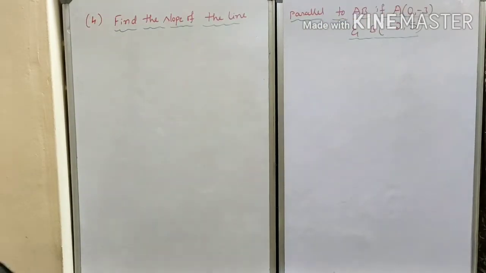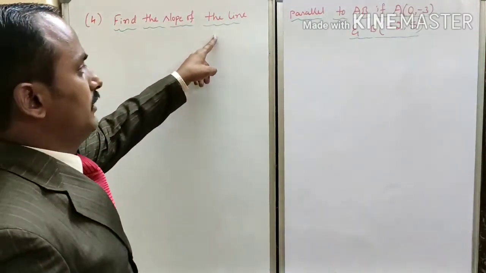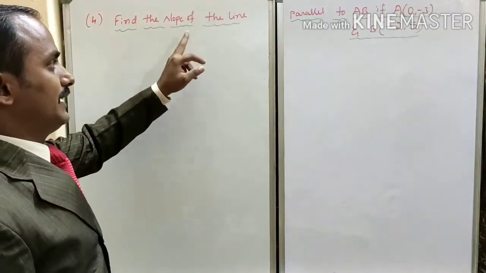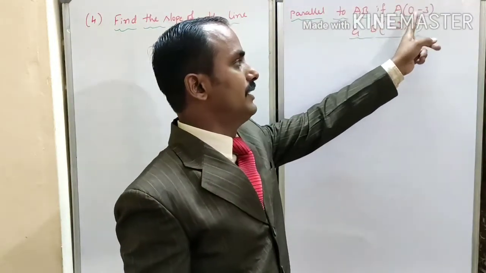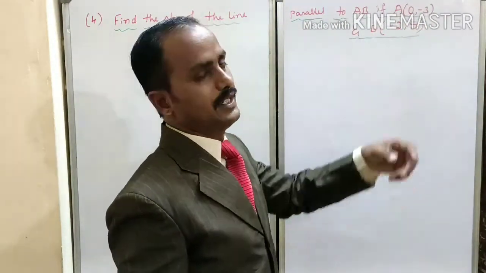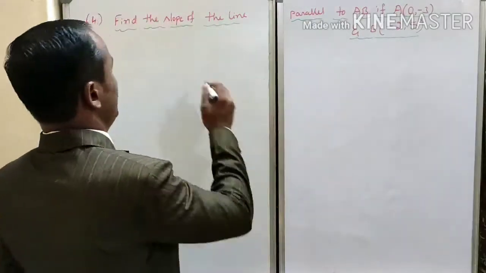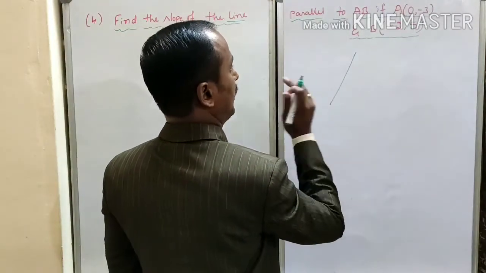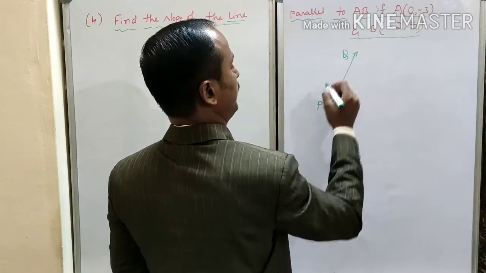Dear children, fourth main. In this problem also I am finding the slope of a line. Which line's slope am I finding? That line is parallel to AB. Point A coordinates (0, -3), point B coordinates (-2, 5). Look here, dear children. I am finding one line's slope; I am calling that line PQ.